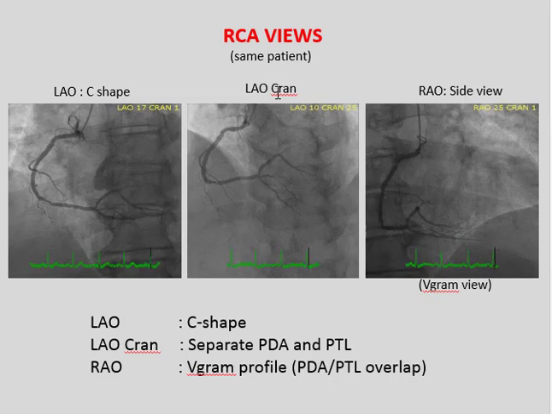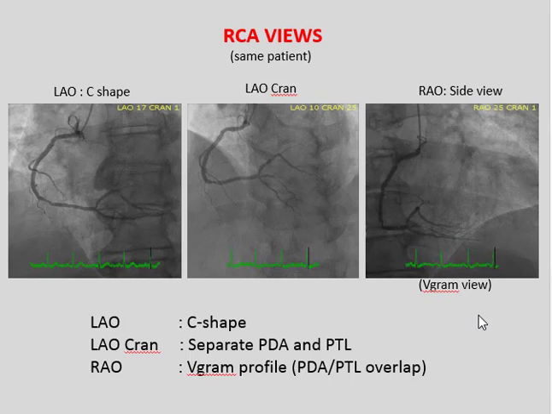A view here is LAO cranial, where you're looking at the heart end to end, but you're rotating the camera towards the patient's head. And that cranial rotation, or cranial angulation more correctly, separates the PDA and the PTL, PDA going down, PTL going apparently upwards, so we can see better any lesions in there. These are only three views, and they're the most common standard views for the right coronary artery.